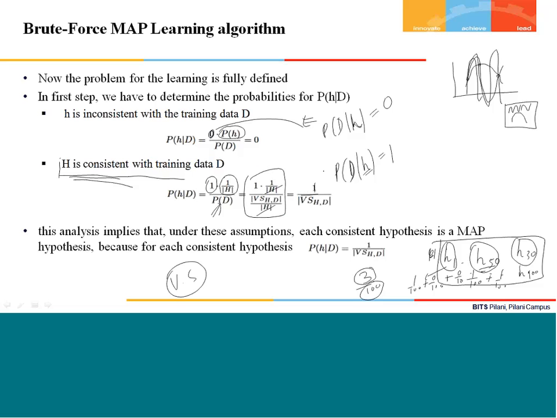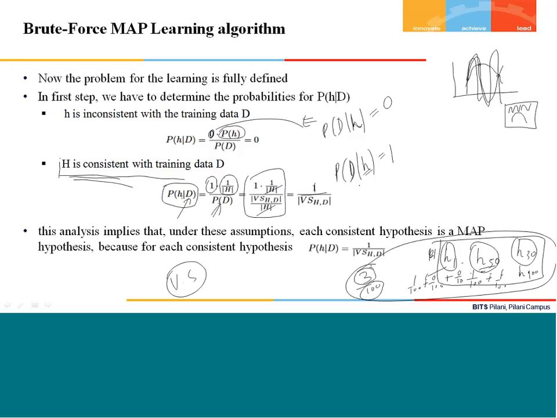With a simple example, if somebody asks what is the probability of seeing the data, I know that there are only 3 hypotheses that are consistent in this example: H1, H50 and H30, right? One of them may have produced the data.